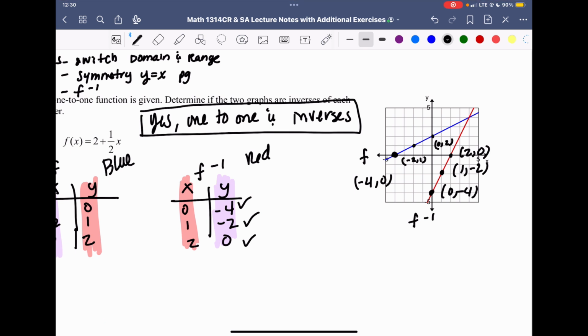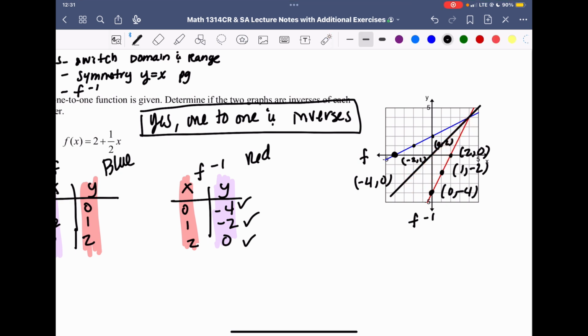Now, we can also tell that they're inverses based on symmetry of the identity function. Here's what that means. We take a line that's going to go right here, and it creates like a mirror image of these graphs. So I have the same amount of space from the identity function for f, and the same amount of space from the identity function for the inverse of f.